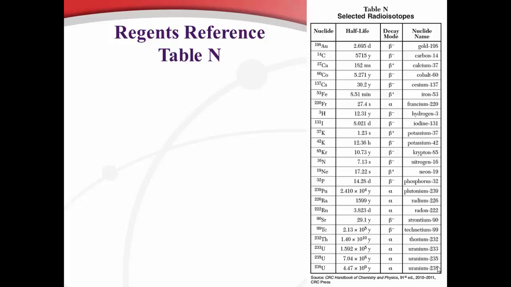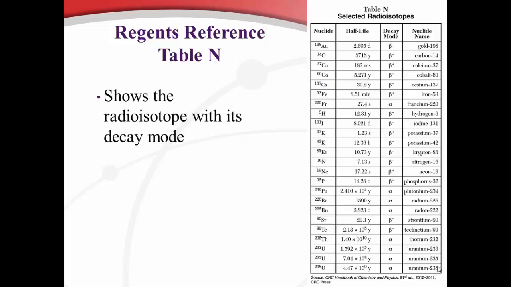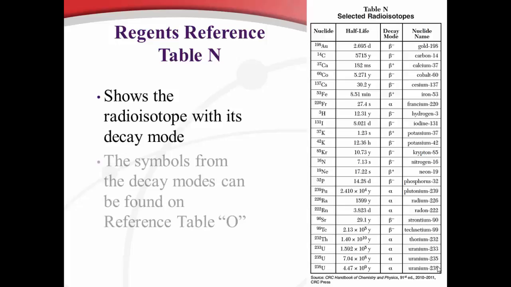Under the decay mode column, the Greek symbol for the type of particle released during natural transmutation is shown. You can compare the symbol to the symbols shown on reference table O to determine the particle released from the nucleus.